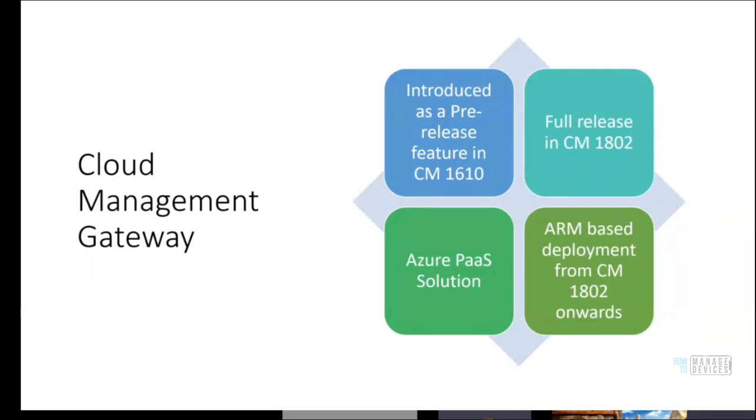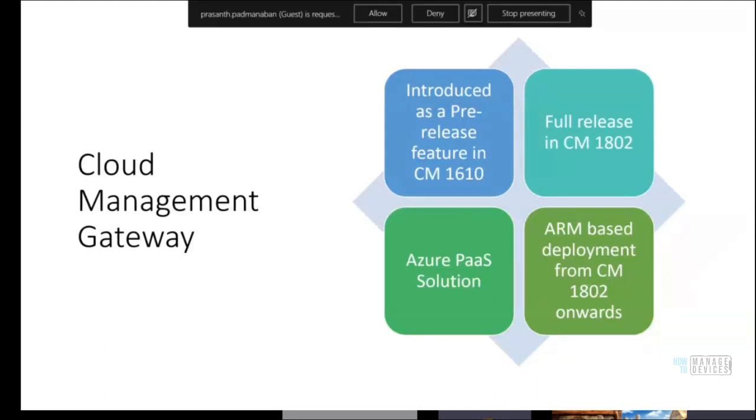Everything is managed by Microsoft. And it is ARM based deployment. Initially it came with cloud based classic deployment. From 1802 onwards, ARM based deployment came in, and from 1902 onwards, I think classic deployment is not there.